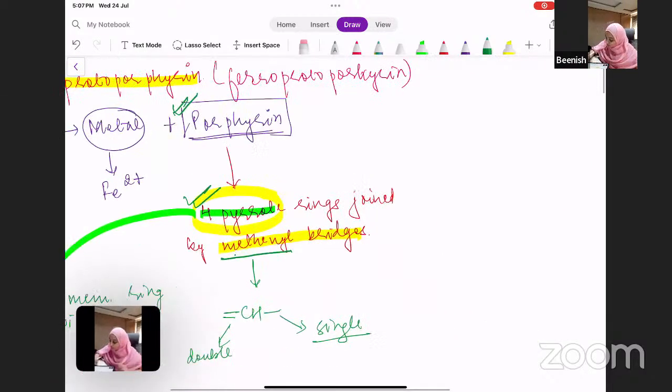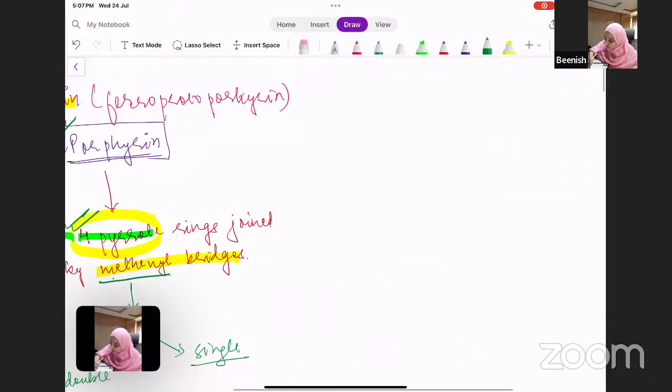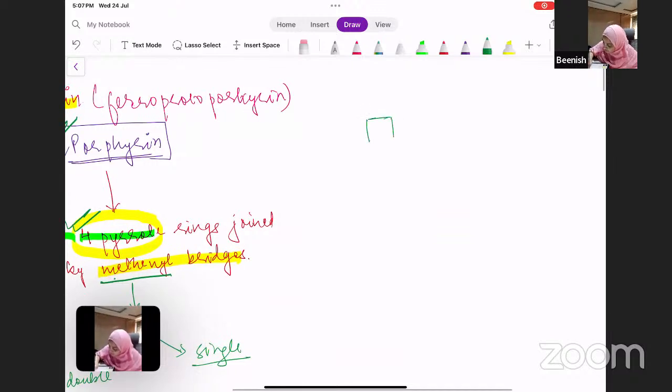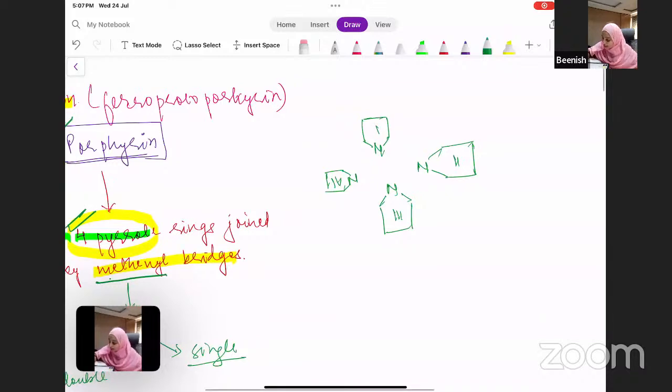Okay, so if I draw a porphyrin, it is going to look like this. 1 pyrrole ring, then you have another pyrrole ring, then another pyrrole ring, and then one more pyrrole ring. So you have 1, 2, 3, and 4 pyrrole rings, and as I'm saying, they're joined by methynyl bridges.